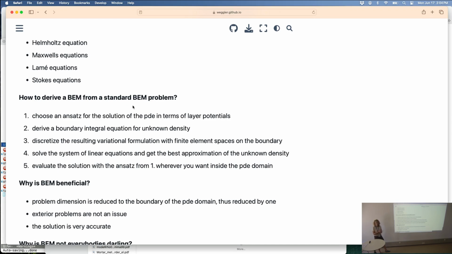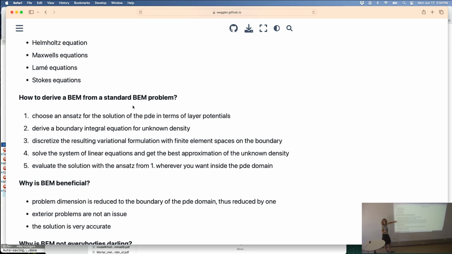We will in a minute see how this looks, but for now, step one, you choose an ansatz for the solution. Second step, you derive from this ansatz a boundary integral equation for a density which is inside that ansatz. So in the layer potential, there's an unknown, a density on the boundary, and in step two, you derive an equation to get this unknown density.